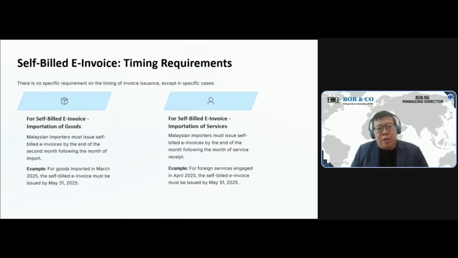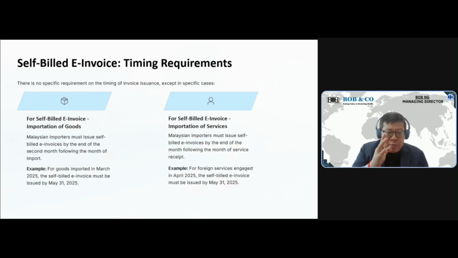Okay, so now I'm going to touch a little bit on timing requirements if you are doing self-billing of e-invoices. When you import goods or services from overseas or freelancers, there are two different deadlines that you need to be aware of. If you are buying goods, you have to submit to the MyInvoice portal within 2 months.